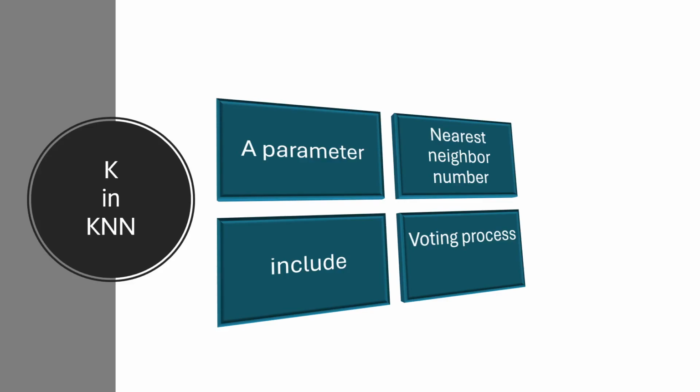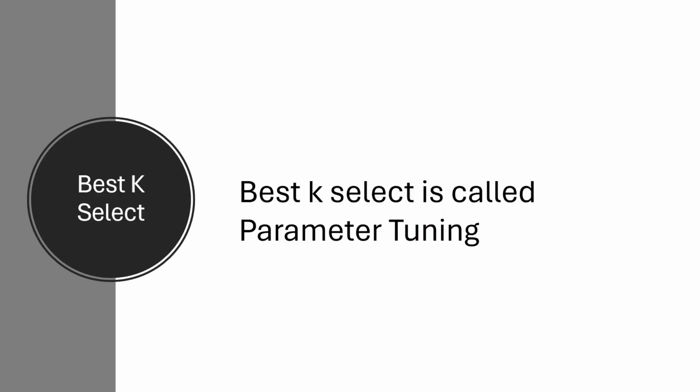But what does it mean in the model? k is a parameter which defines how many neighbors are included with it. We will also see this later in our notebook. So is there any way we can select the best k? There is. Selecting the best k is called parameter tuning.